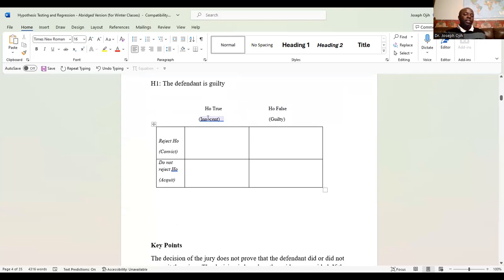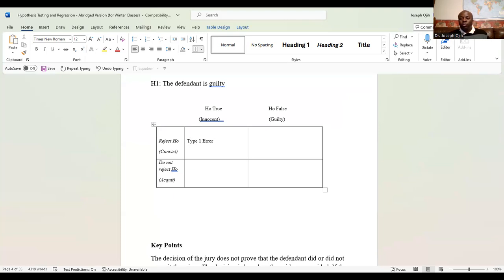Now, if the defendant is innocent, that means H0 is true, and we reject it. That means we convict the defendant, which means we are convicting an innocent defendant, so we have committed a type 1 error. We know that this can happen sometimes.